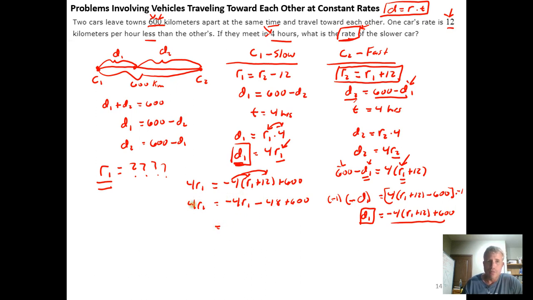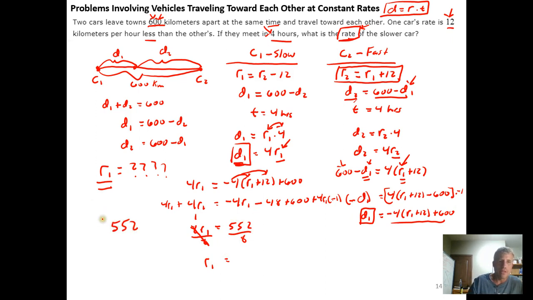I'm going to get all of the rate 1s on the left-hand side, so I'm going to add 4 rate 1s to both sides. 4 rate 1s plus 4 rate 1s, I get 8 rate 1s, or rate of the slow car, 8 times. I get negative 48 plus 600 is going to be 552. And then I can divide both sides by 8, because 8 divided by 8 is 1 rate 1. Rate 1 is equal to, and now I just need to do this division.